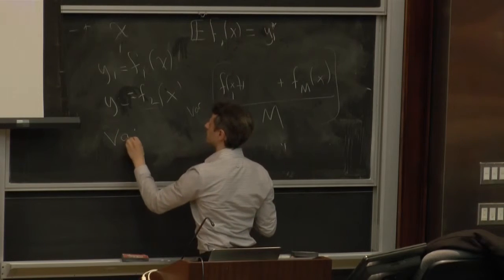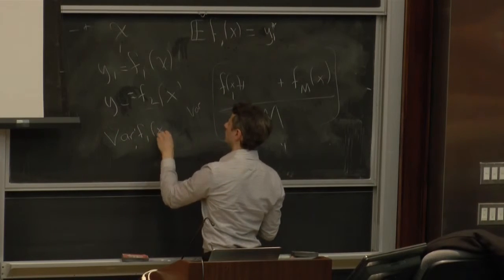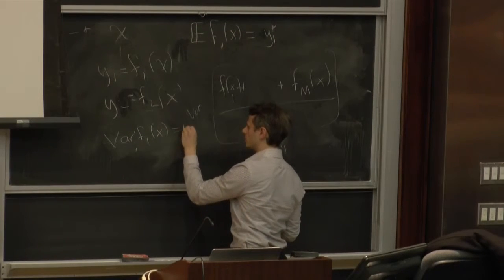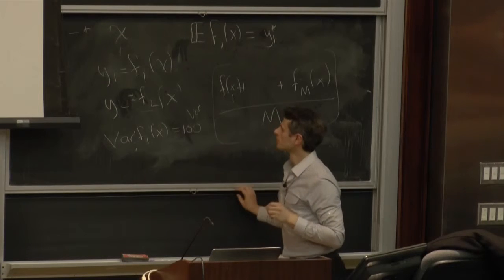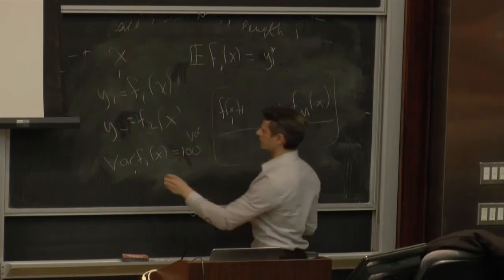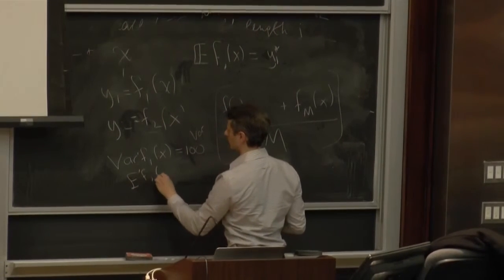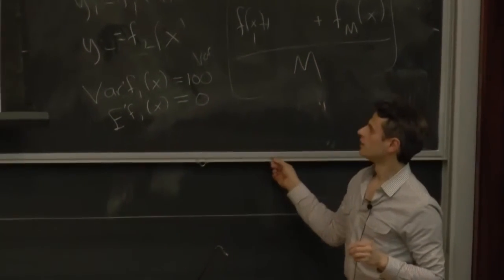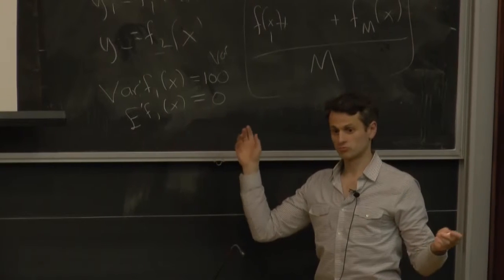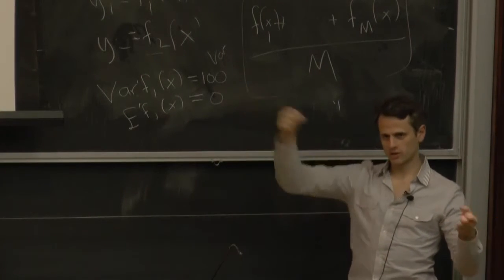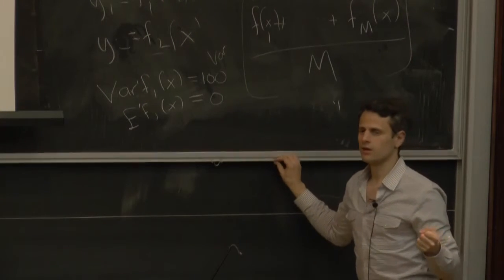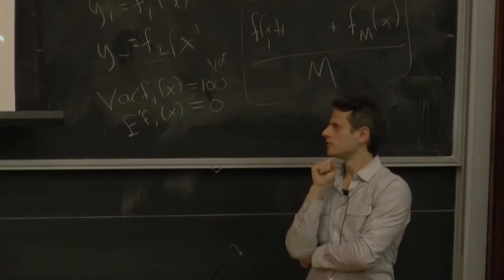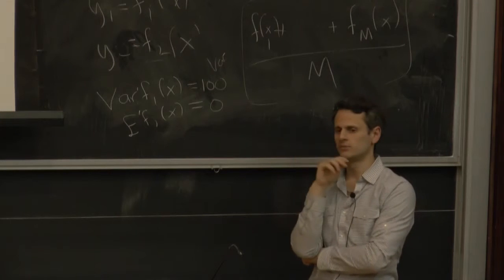All right, how about this? Suppose the variance of f1 of x is 100, and the expected value is 0. I don't even know what the true value is, it doesn't matter. So I generate a random f1, and what would be a typical prediction f1 of x for a randomly drawn f1?